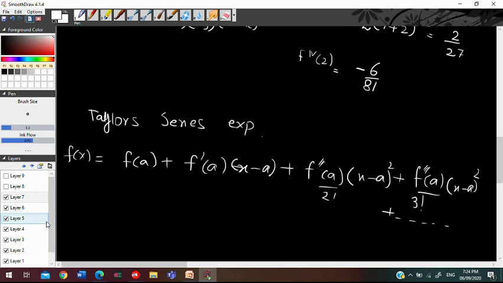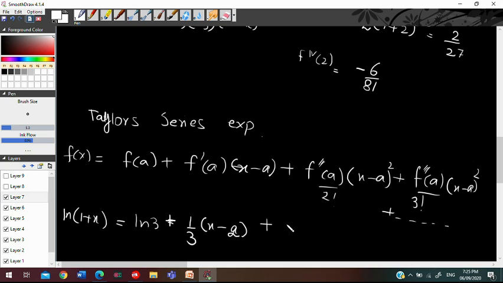Now we substitute our values. f of x is equal to log (1 plus x), and f of a is equal to log of 3. You can see the values, I'm just substituting them. f prime of a is equal to 1 by 3 into (x minus a). Instead of writing a, I will write 2 here.